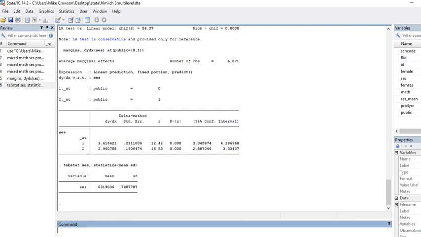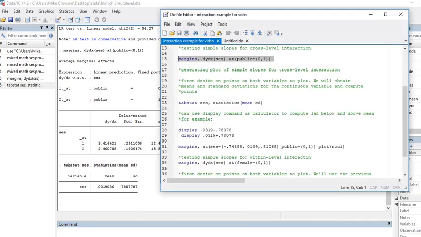All I want to do is plot at one standard deviation below the mean, so that's the mean minus the SD, one standard deviation above the mean, which is the mean plus the SD, and then at the mean. I'm just going to use the program as a calculator really quickly to get those values at one standard deviation below and above the mean.